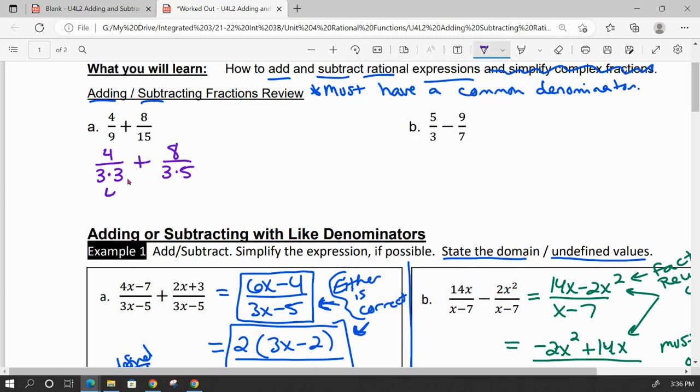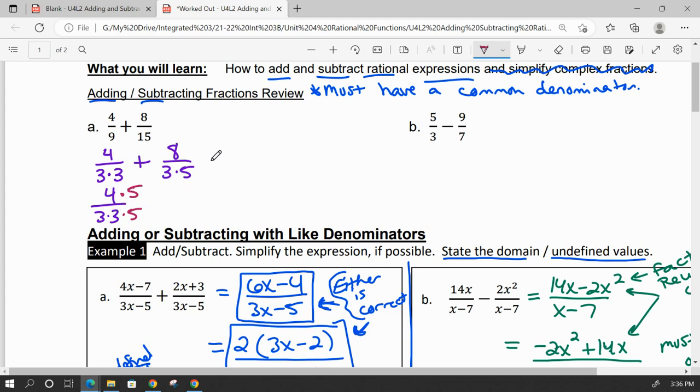Oops. 4 over 3 times 3. And then we're going to multiply the top by 5 and the bottom by 5. Because whatever you do to the top, you have to do to the bottom, and vice versa. So now my denominator here has a 3 times a 3 times a 5.